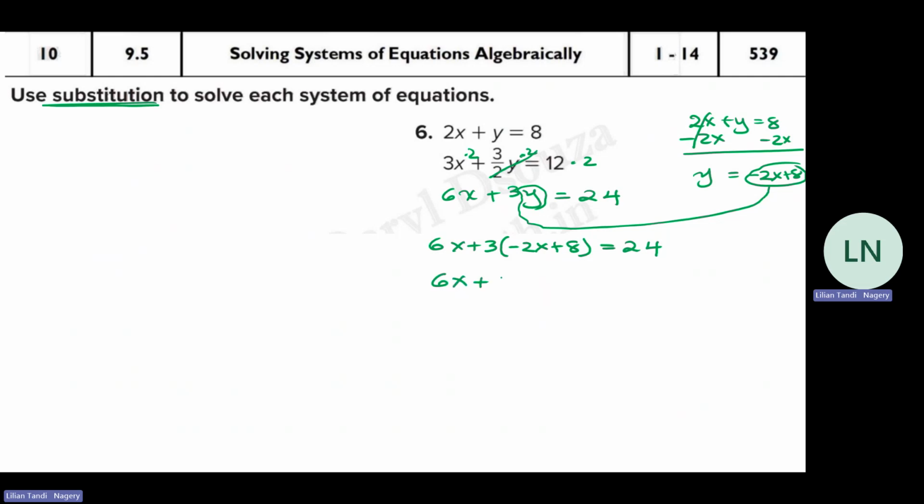6x plus, distributive property, negative 6x plus 24 equals 24.